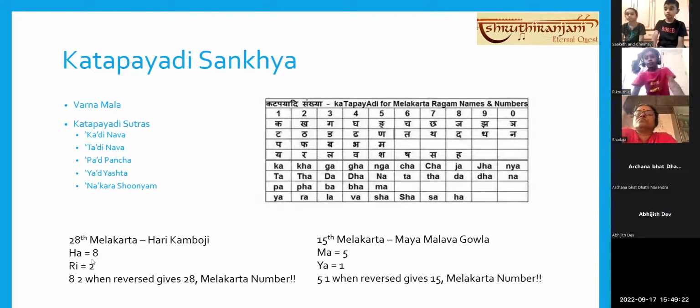Ha is 8. Ri. Ri's number is that of Ra. Take Ra, 2. Okay. So 8 and 2 right next to each other and then reverse it. 2 and 8. That will give you the Melakarta's number 28. 28 Harikamboji Mela.